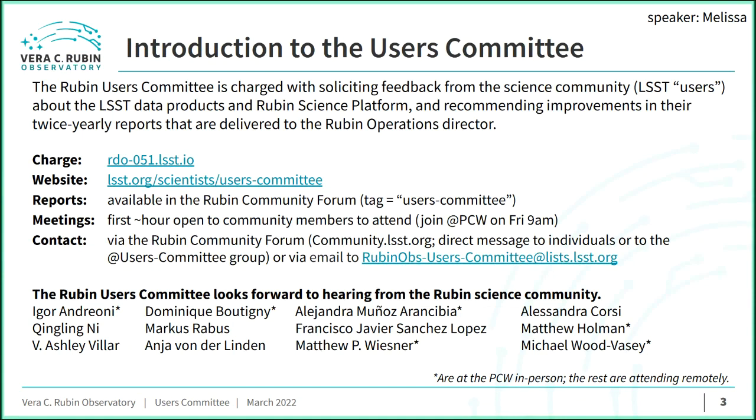Their full charge can be found in rdo-051.lsst.io. It's a formal charge document, but there's also a website at lsst.org/scientists/users-committee where you can find out a little bit more about their charge and a list of all the users committee members. And there's also a calendar of their meetings right there on that webpage, and links to their minutes and their reports.